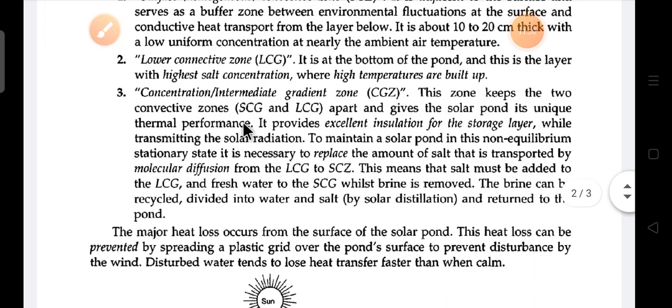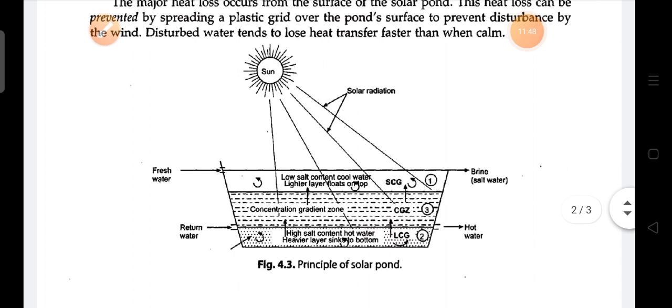Then the third level is the concentration or intermediate gradation zone. This zone lies between the surface convective zone and the lower convective zone.